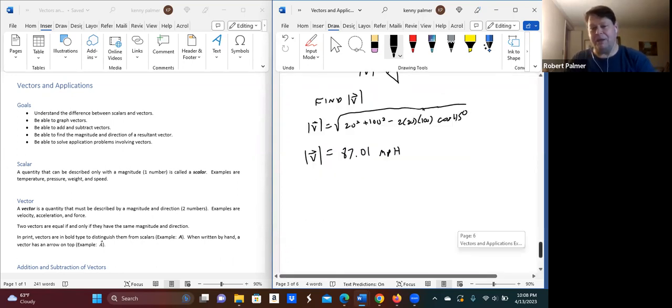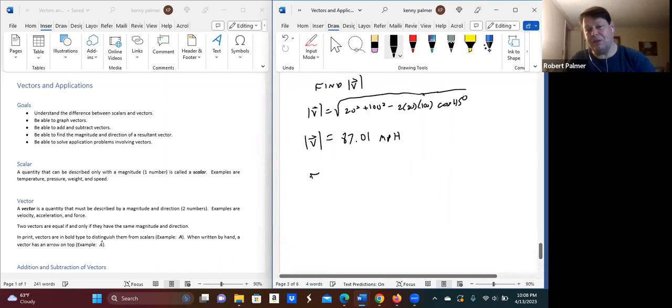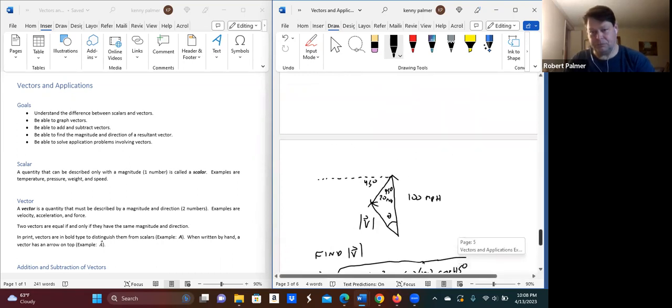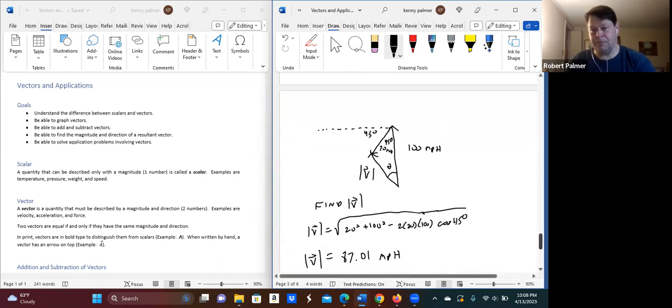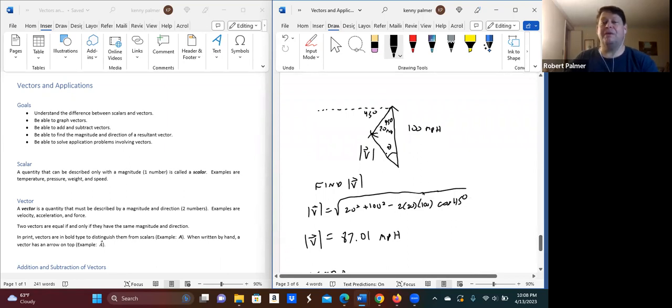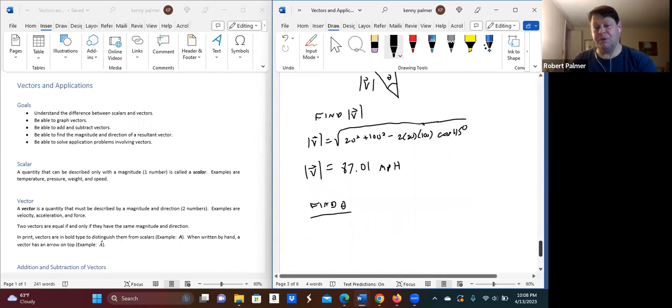Okay, we found that. So now let's find that angle theta. I now know all 3 sides of my triangle, so I can use the law of cosines for this angle here. If I solve this for cosine of theta, once again, theta is not my final angle, we'll talk about that in a moment.